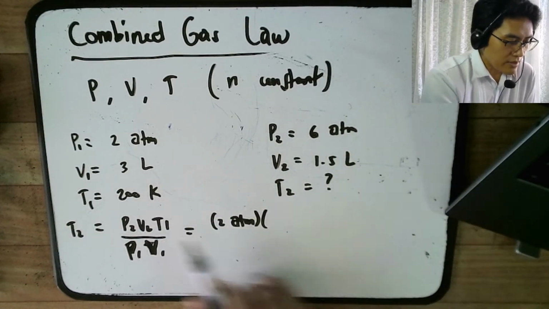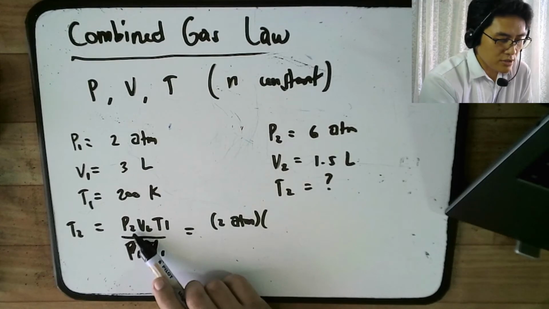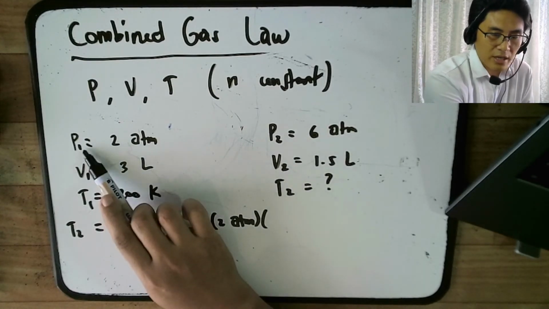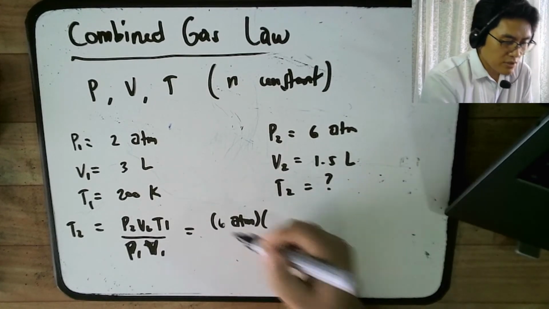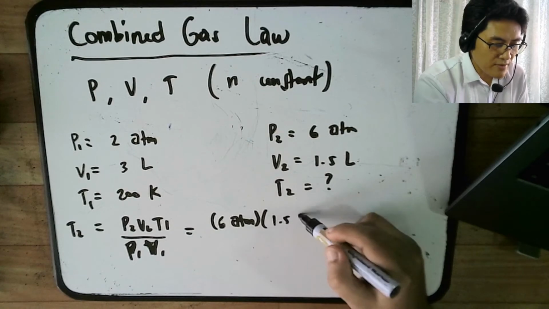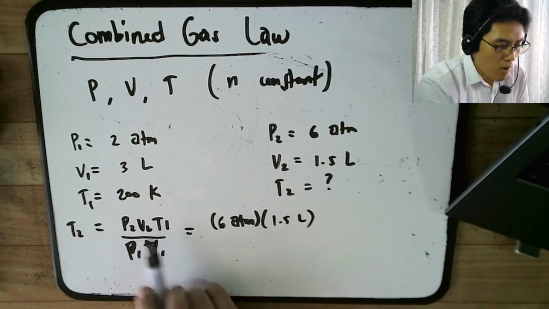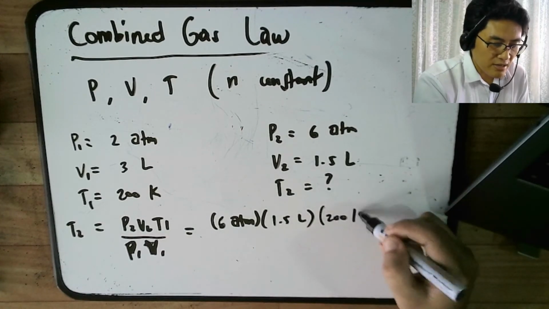Again, sorry, not 2 atm. I was looking at the wrong one. It should be P2, so I should not be looking at P1. So that's my bad. So that's 6 atm times V2 is 1.5 liters times temperature 1. Remember, this is not temperature 2, but temperature 1 is 200 Kelvin.